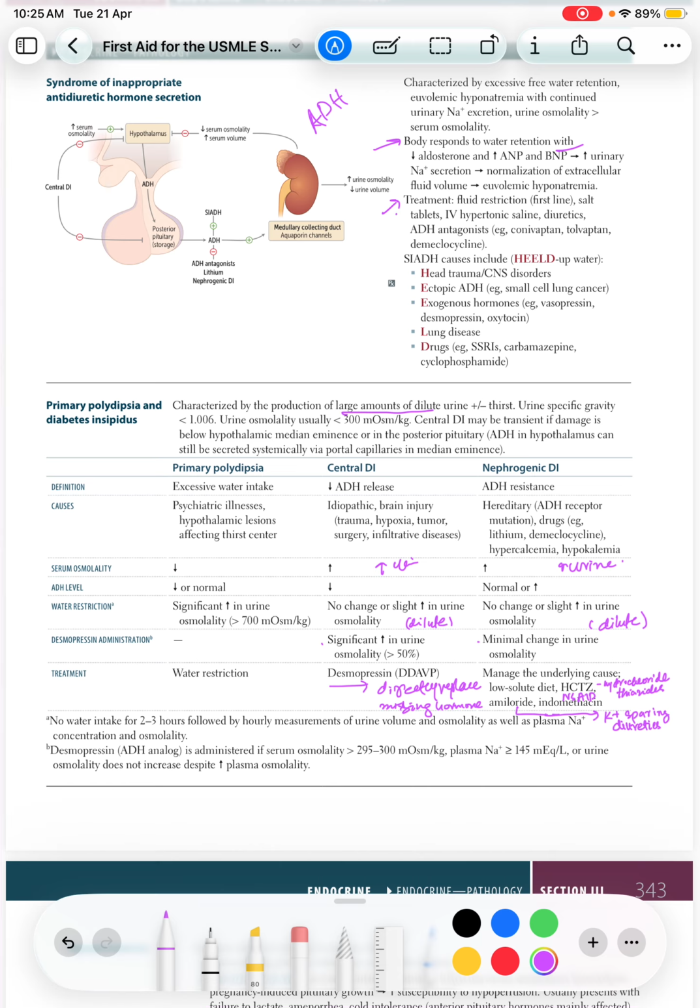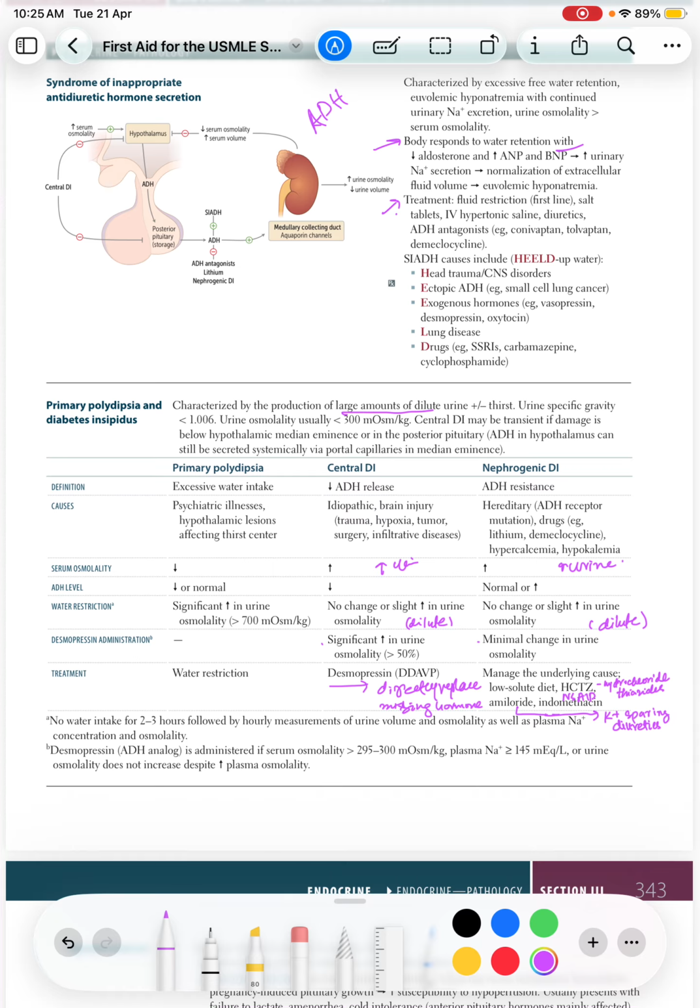So the urine specific gravity is 1.006 and the urine osmolality is less than 300. Central diabetes insipidus may be transient if the damage is below the hypothalamus. ADH in the hypothalamus can still be secreted systemically via portal capillaries in the median eminence.